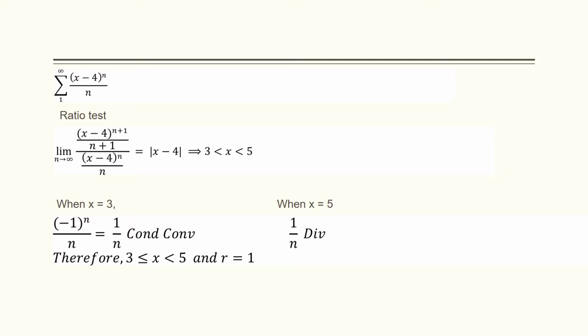After that, we need to check the endpoints. At x equal to 3, the power series becomes conditionally convergent, and at x equal to 5, the power series diverges. Therefore, we get 3 less than or equal to x less than 5, and the radius is 1.